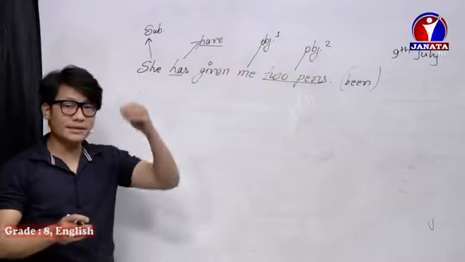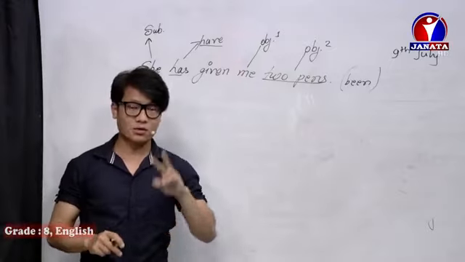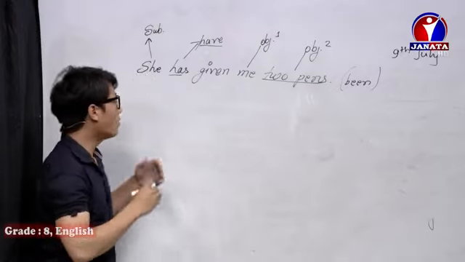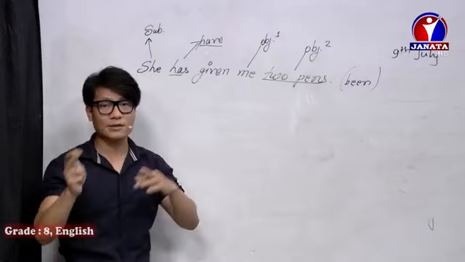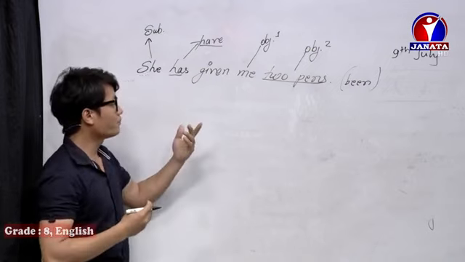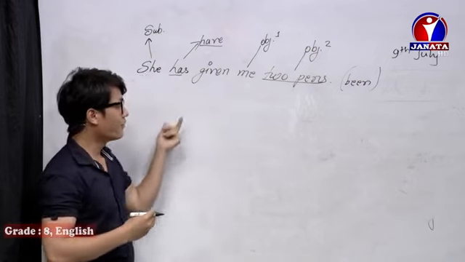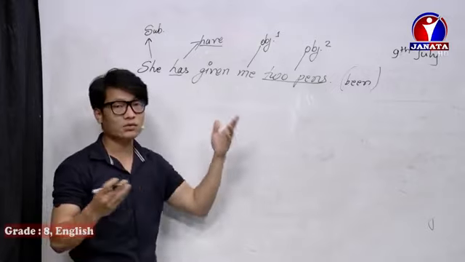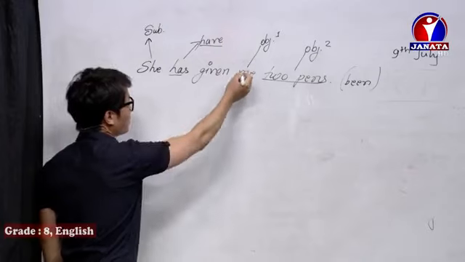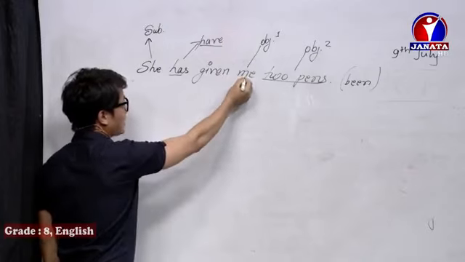When a sentence contains 2 objects, how do we change it into passive voice? We can choose either the first object or the second object. First, let's choose the first object, me.